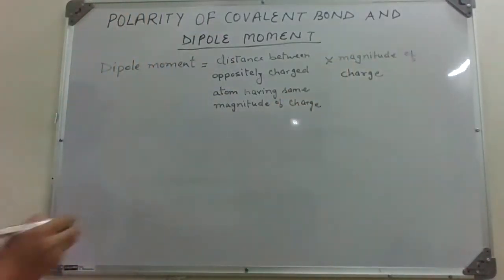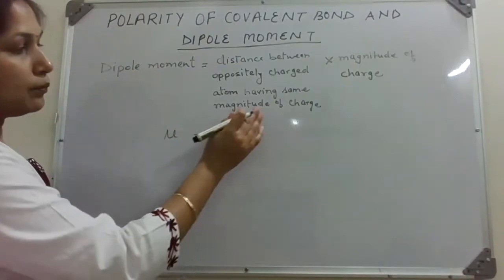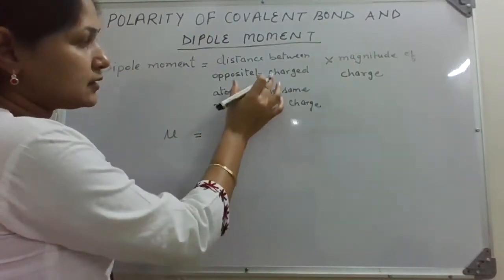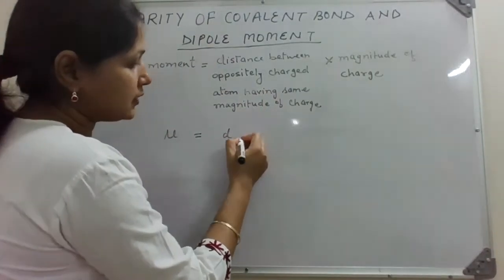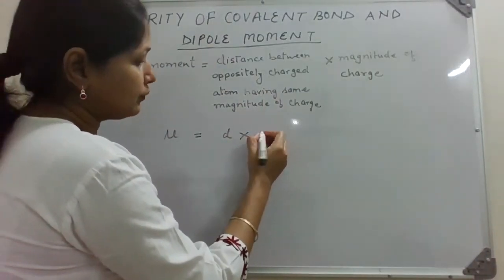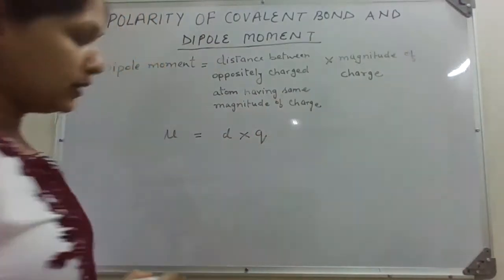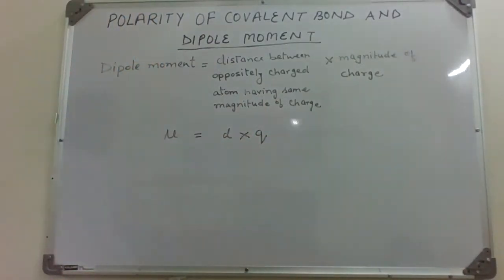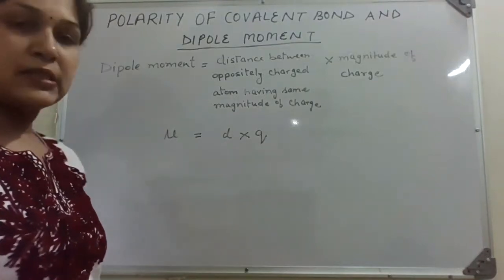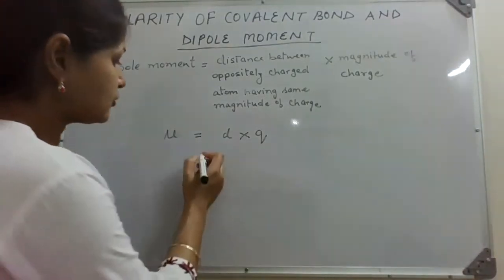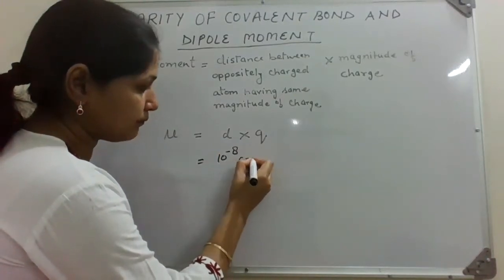Dipole moment is denoted by the letter mu. This is the bond length. Bond length is denoted by D, and charge is denoted by Q. So dipole moment mu is equal to D multiplied by Q. This bond length, if we express it in centimeter, is generally of the order of 10 to the power minus 8 centimeter.